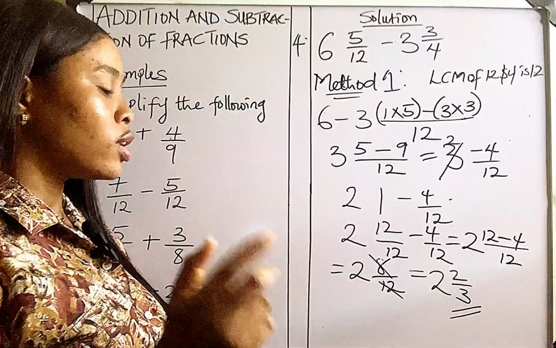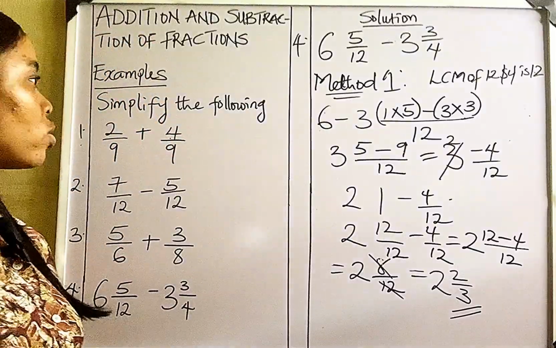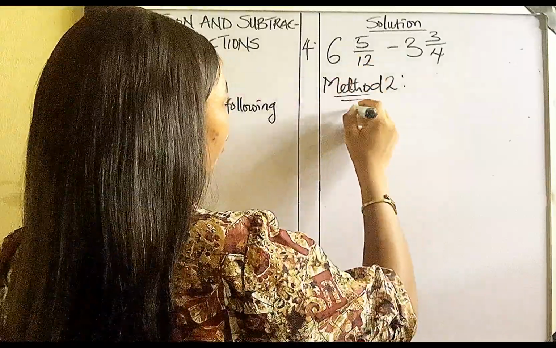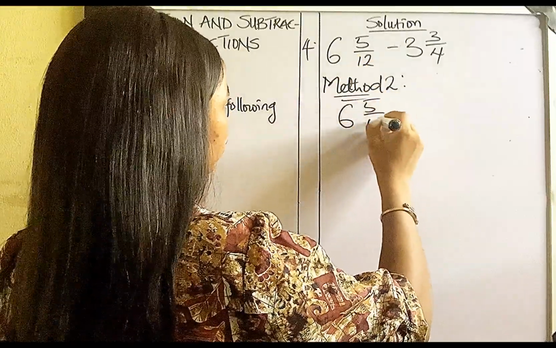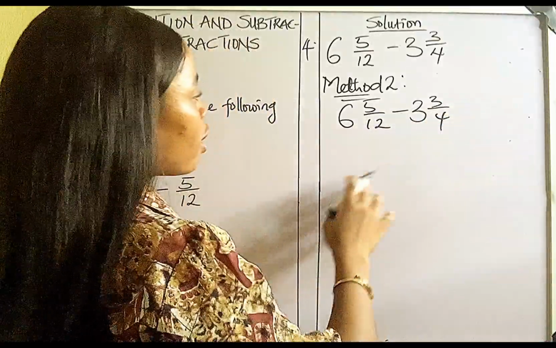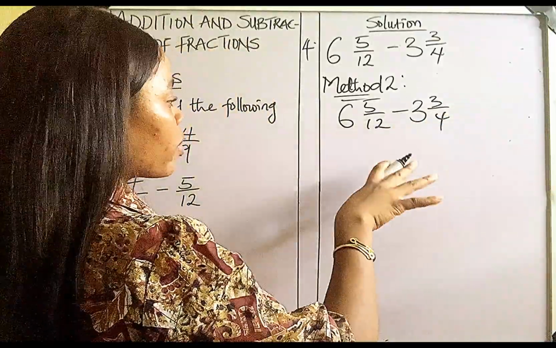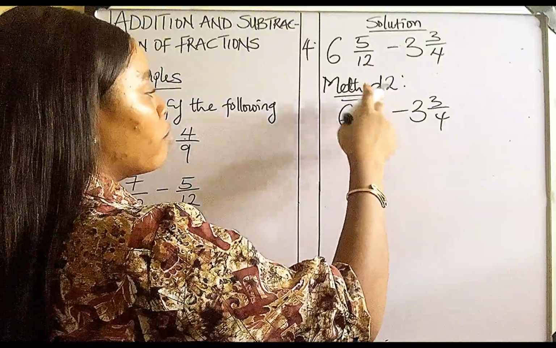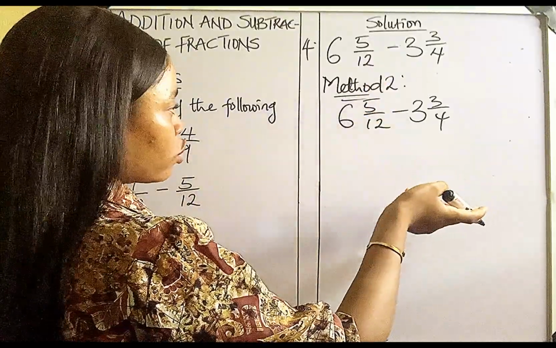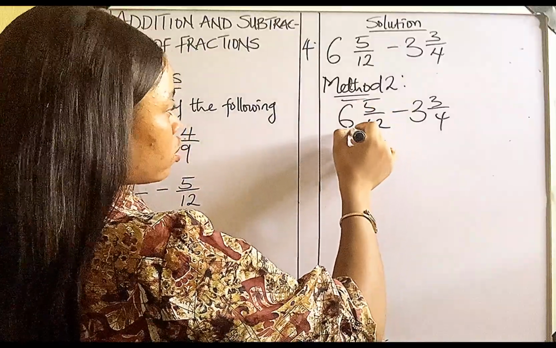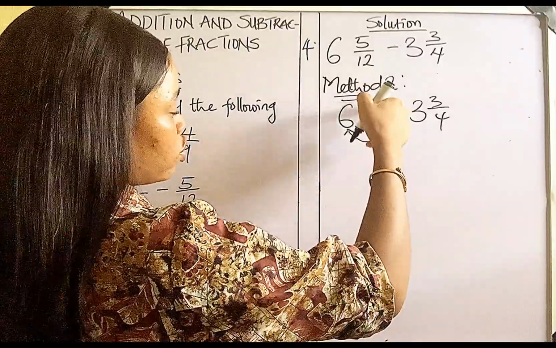Then let's look at the second method. Now let's look at method 2. Now we have 6 whole number 5 over 12 minus 3 whole number 3 over 4. Now it's very easy. For method 2, we simply convert these mixed fractions to improper fractions. So converting this to an improper fraction, the denominator times the whole part, then plus the numerator.